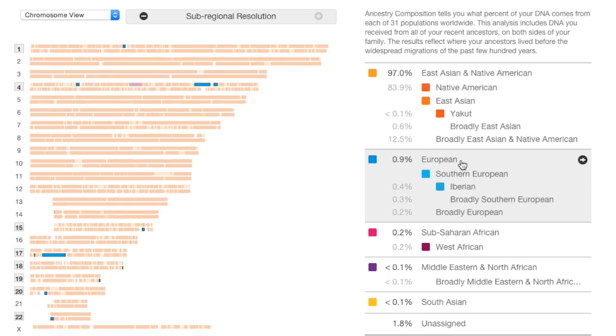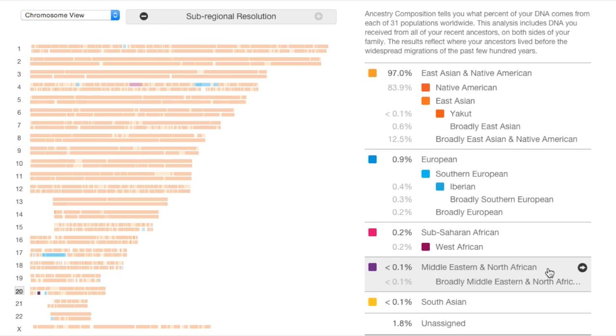I don't know if this is noise or how this happened. There is 0.2 Sub-Saharan African, which is mainly West African. I'm not sure if this is really real. 0.2 is very small. I don't think it's anything, it's probably noise.